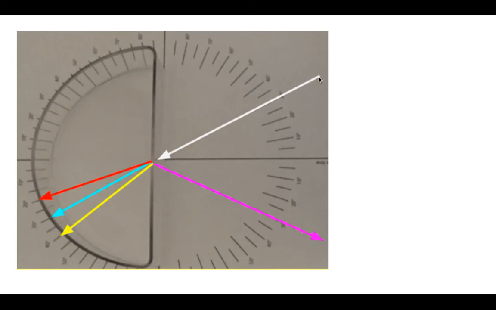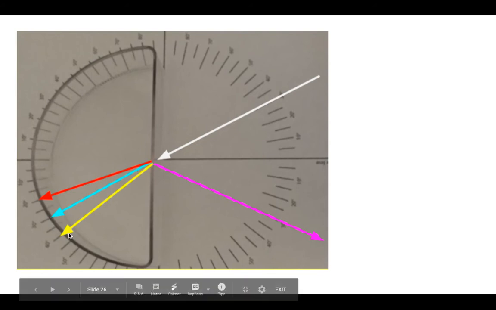So I'm going to shine a narrow beam of light 30 degrees up from the normal onto the surface of this piece of plastic. Now, when I do that, will the light just reflect? Will the light just completely go through, transmitted at the same angle? Will the light bend in or will the light bend out?